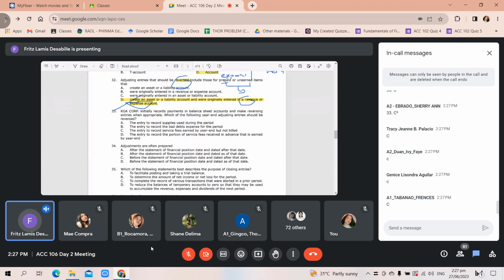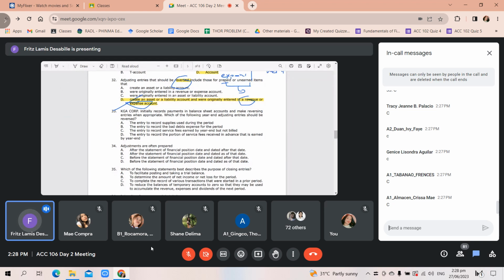So ang adjusting entry nimo sa letter A daw, nag-record ka og expense, di ba? Nganong expense? Because ang entry nimo to record the supply na gigamit. So therefore, when you are recording sa supply na gigamit, ang i-debit nimo kay ang nagamit nimo, which is an expense, di ba? Na-use na siya.